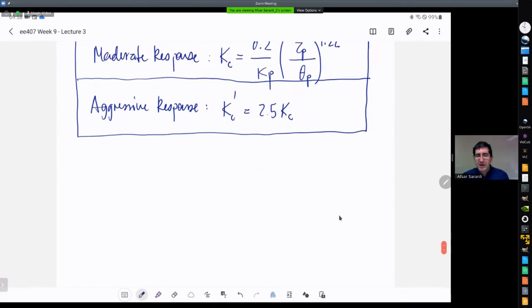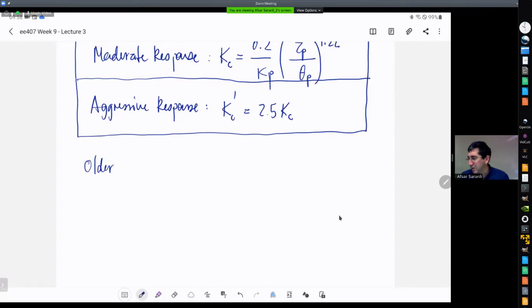There is also something, just to give you at least the name. There is a set of older design formulas which have worse performance.